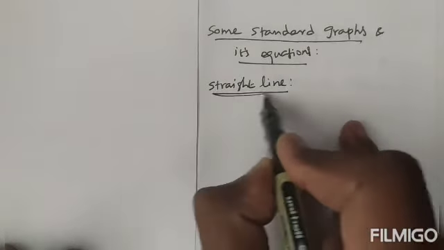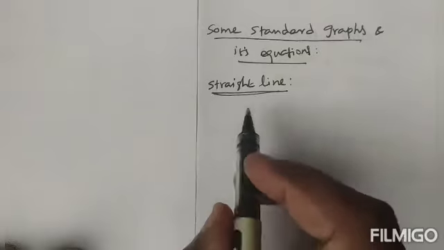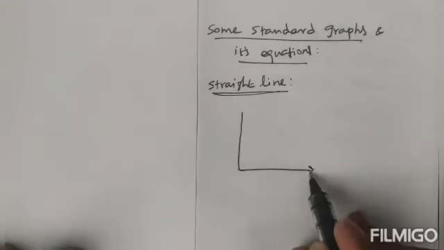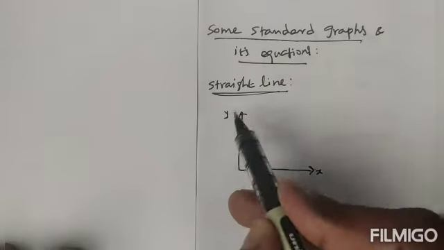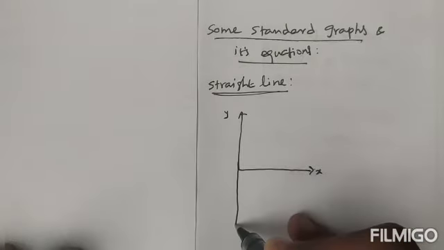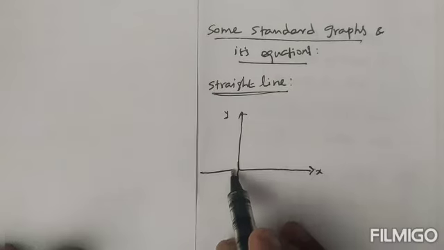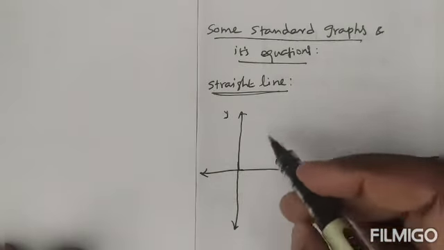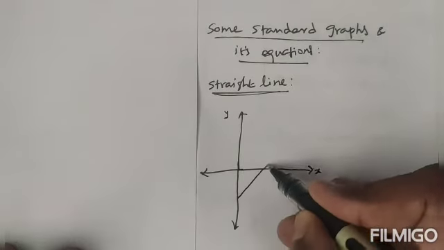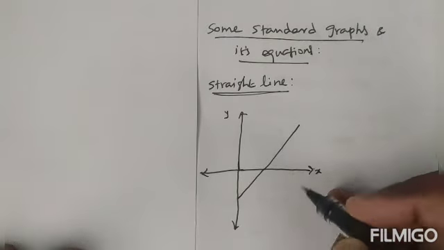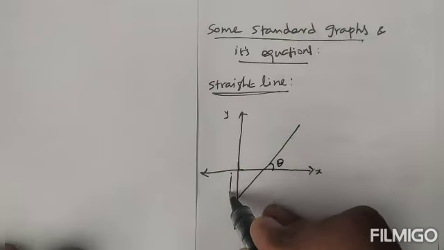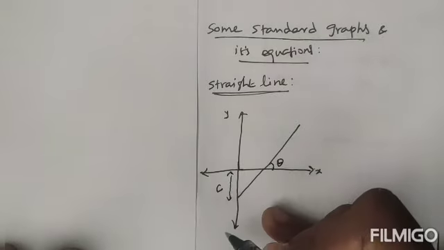Straight line. For example, see that it is the x-axis, y-axis, this one y dash, this one x dash, like this. So let's see the graph. Suppose the graphical diagram structure is like this, here angle theta, and this one is a constant, which we note as c.